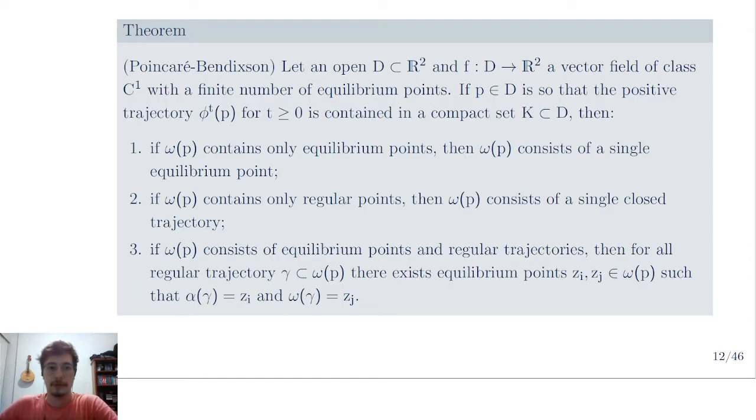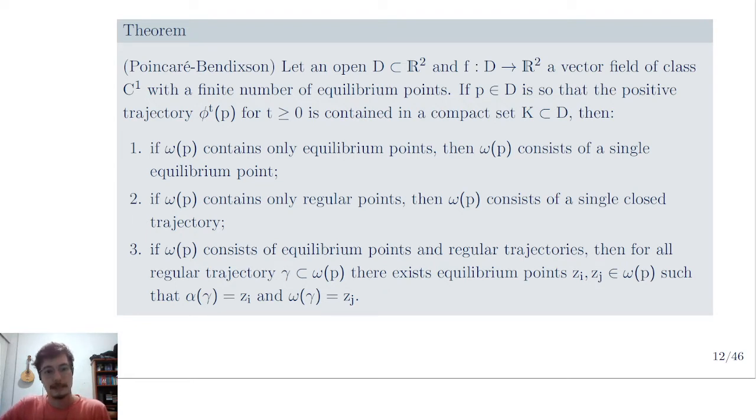The Poincaré-Bendixson theorem considers an open set, subset of the two-dimensional space, and a vector field of class C1 with a finite number of equilibrium points. So if P is such that the positive trajectory applied to this point is contained in a compact set of this open set, then if the omega limit set contains only equilibrium points, it is a single equilibrium point.